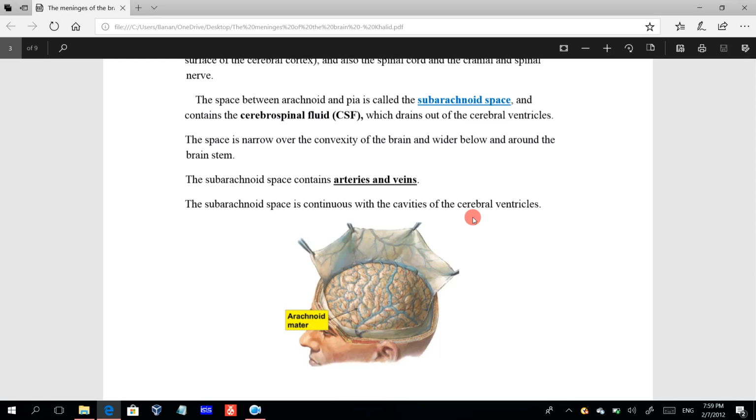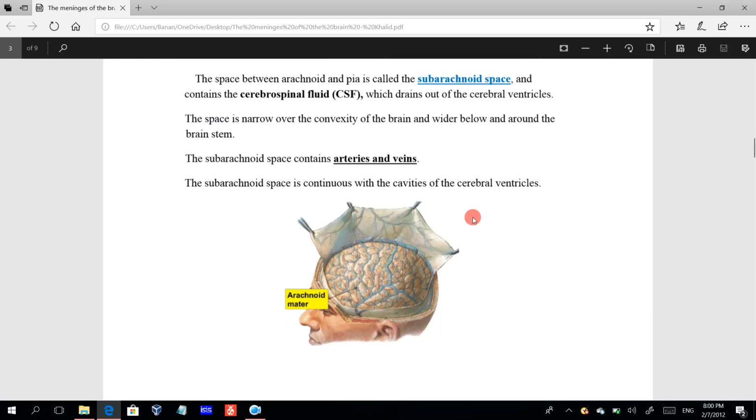Actually, the cerebrospinal fluid is formed within the ventricles by the choroid plexus, which is a plexus of cells that form the CSF. So there is a connection between the subarachnoid space and these ventricles.